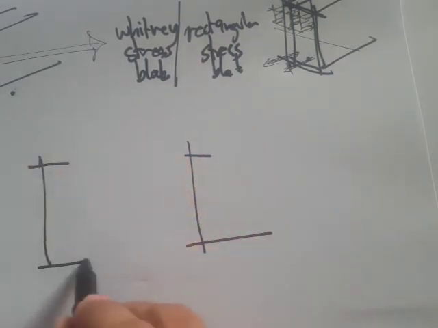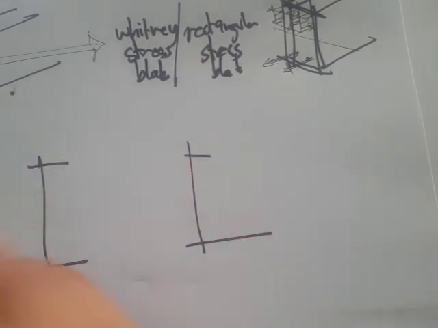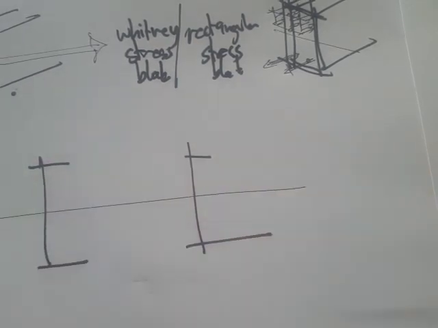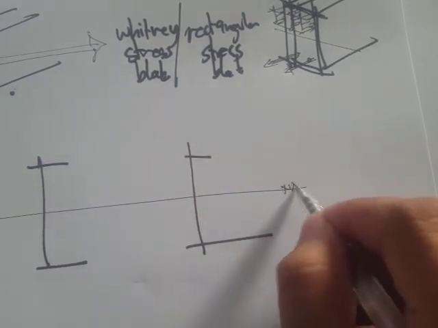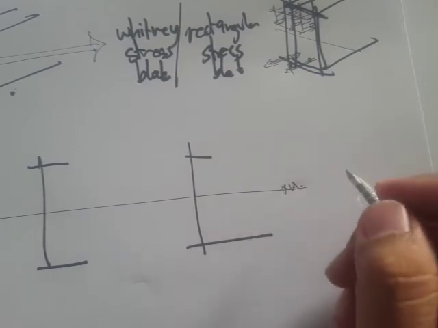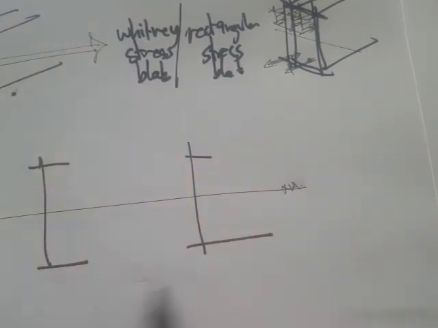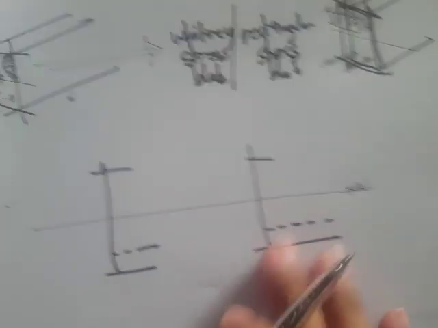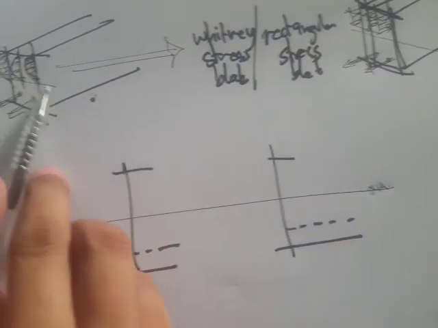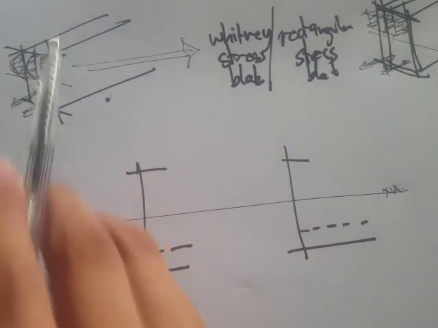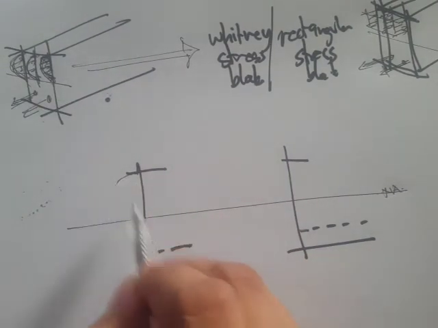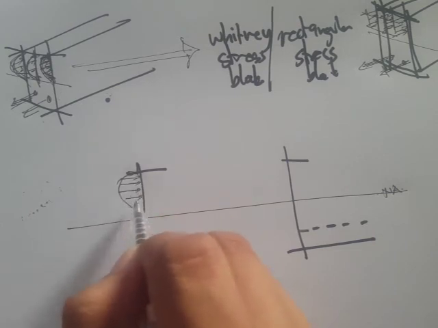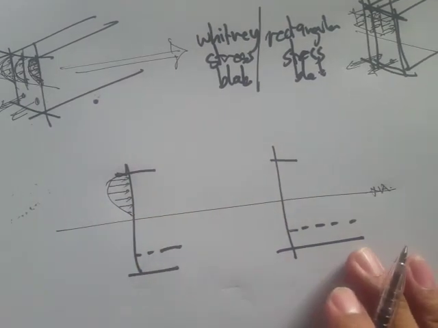We'll compare the parabolic stress block and the rectangular stress block. Let's say this is our neutral axis, and this is our steel reinforcement. You would notice here that the stresses are from the top face to this neutral axis. So that's the stress distribution.